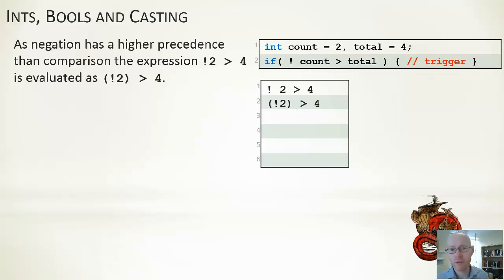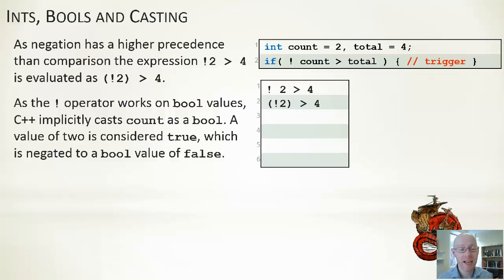But I'm allowed, because a bool is a piece of numerical data, to convert a number into a Boolean. And that's what it does. It says, okay, number 2, what Boolean value does that correspond to? And as I've already said, if 0 is false, anything else is true. So a 2 gets turned into a Boolean value of true. And then we have not true, which we evaluate to false.